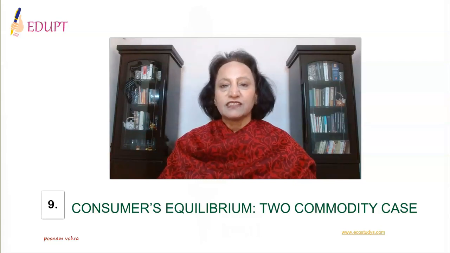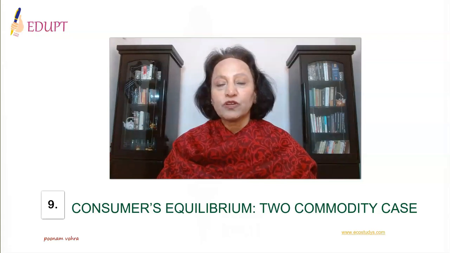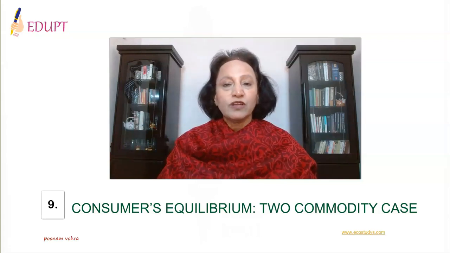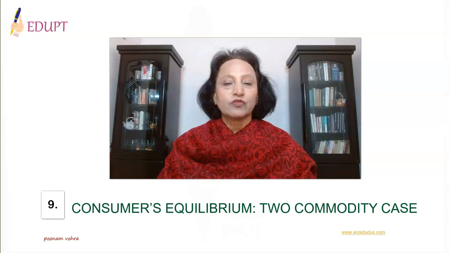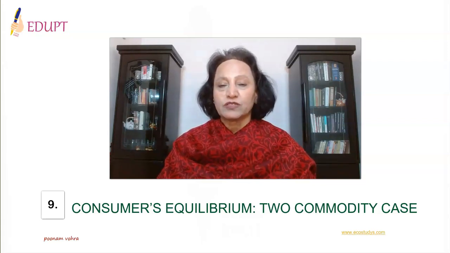In this session, you will understand the consumer's equilibrium assuming the consumer consumes more than one commodity. What is applicable for two goods is applicable for n number of goods.